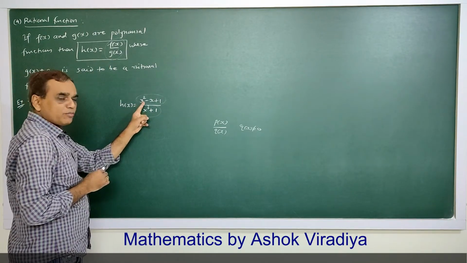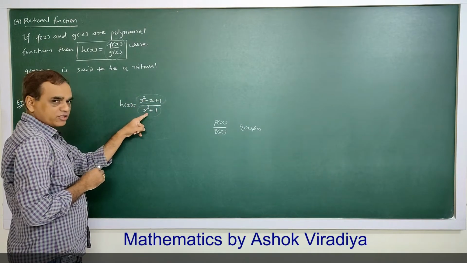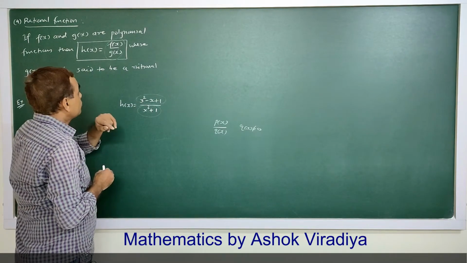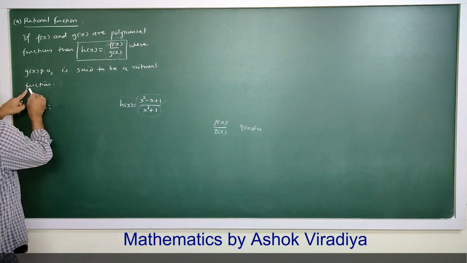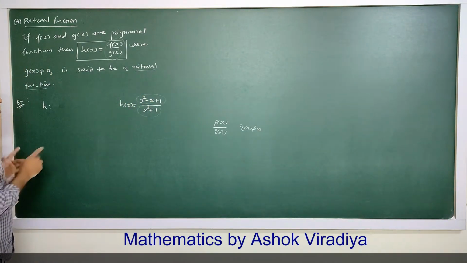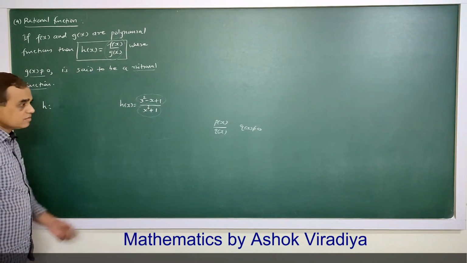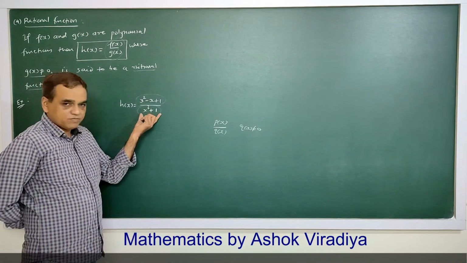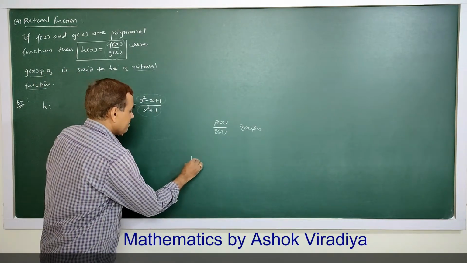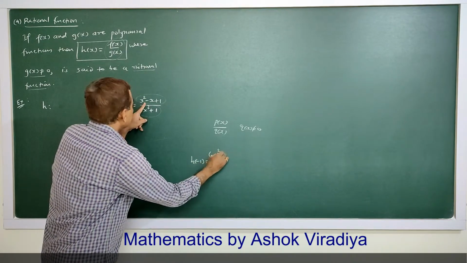It's a quadratic polynomial. This is a cubic polynomial. So quadratic function, cubic function. So its ratio is said to be a rational function. But the denominator must be non-zero. See, when this will be 0, if we put here -1, then see what is happening.